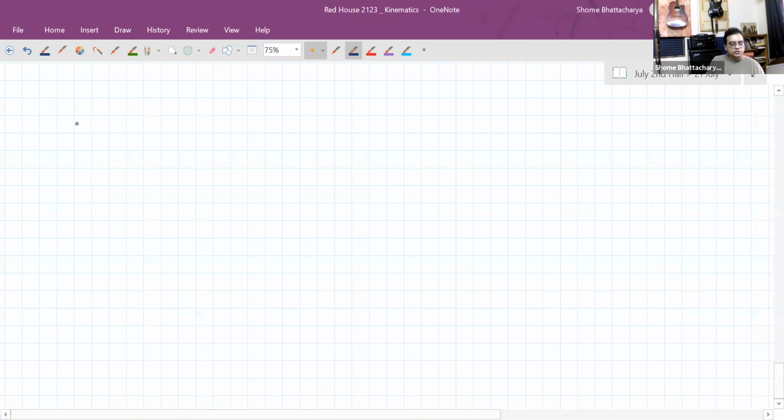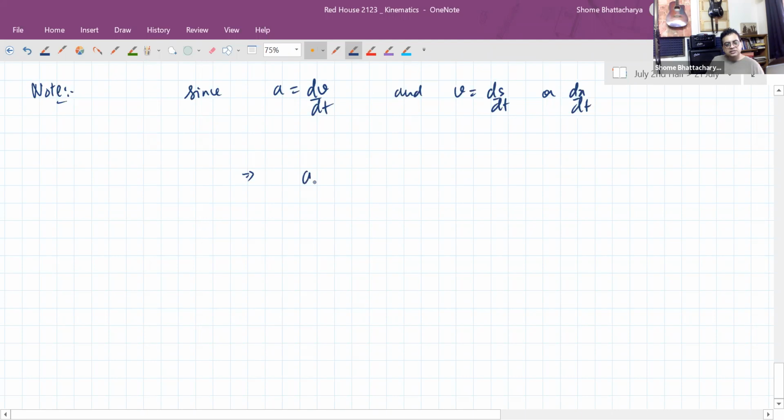Now, one more thing we'll notice here that since acceleration is dv by dt and instantaneous velocity is ds by dt or dx by dt, therefore we can also say that acceleration's relationship with displacement or position is that it is second derivative.